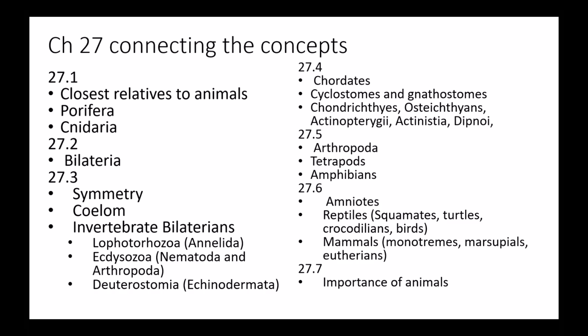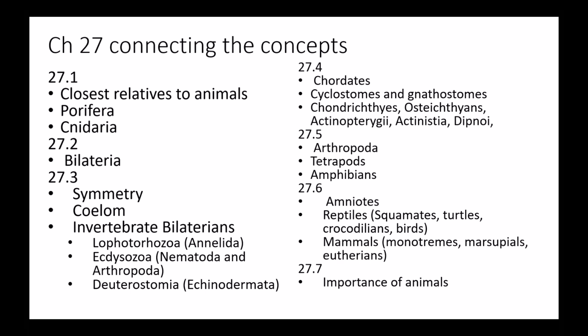Chordates are not all vertebrates. There are invertebrate chordates, but vertebrates are included in chordates. Cyclostomes and gnathostomes. Cyclostomes are those jawless fish. Gnathostomes have jaws. Chondrichthyes are cartilaginous fishes. Osteichthyans, bony fishes. Actinopterygii, ray-finned fish. The actinistia and dipnoi, those are lobed fin fishes.